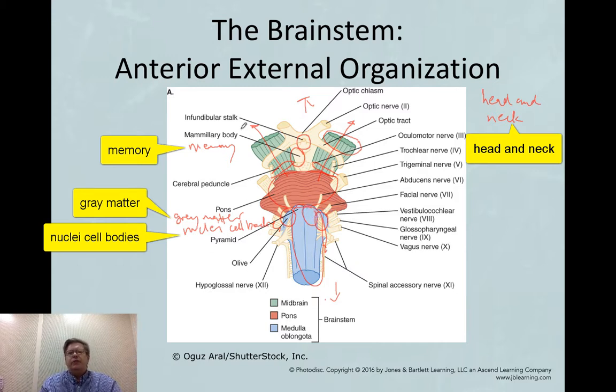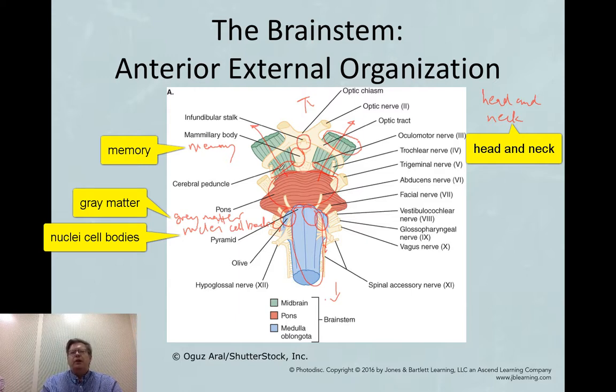So these structures of the brainstem are sort of distinct in terms of their arrangement of nerve cells, but also in terms of the function that they have for projections to one or the other side of the cortex.